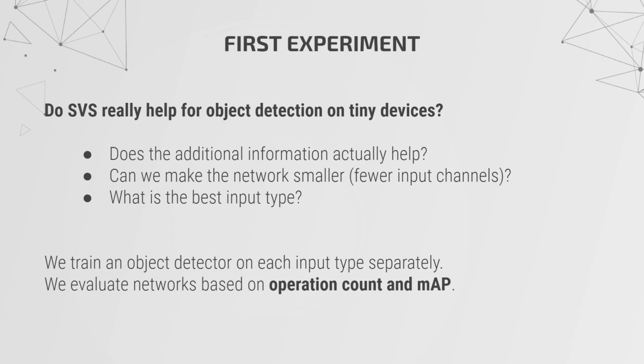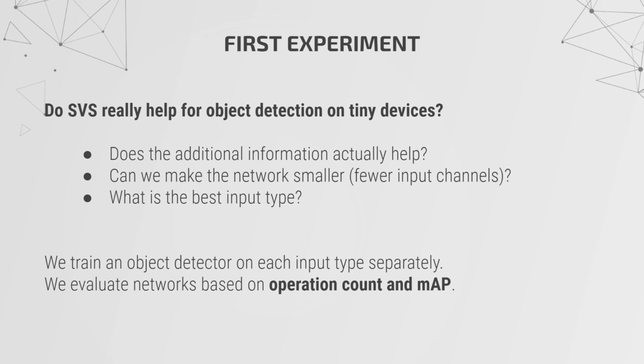So, we trained an object detector on each of the 20 input types separately, and then we evaluated the performance of this detector based on the operation count and mean average precision, as I said before.